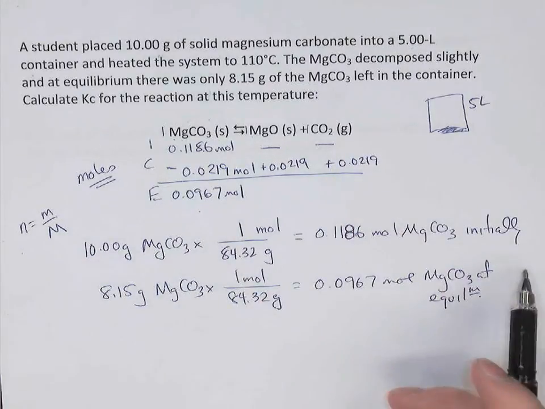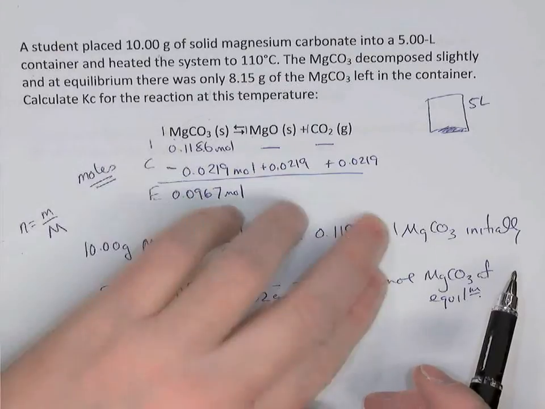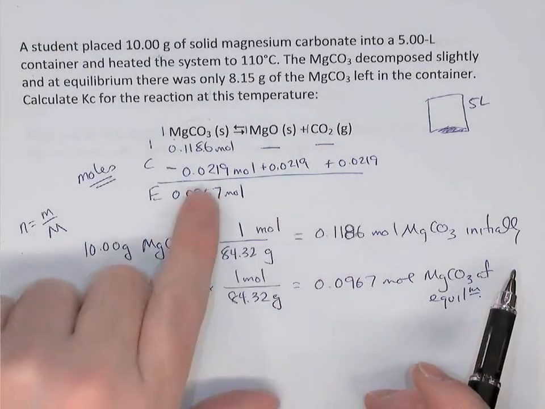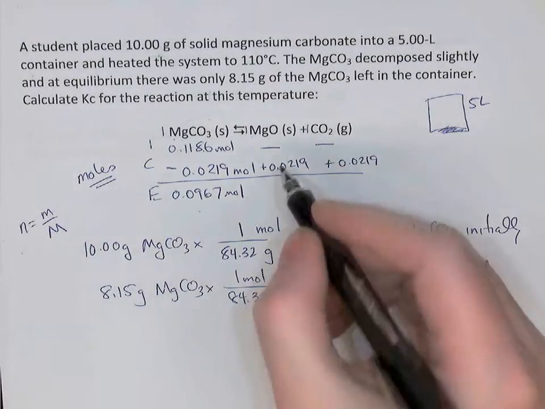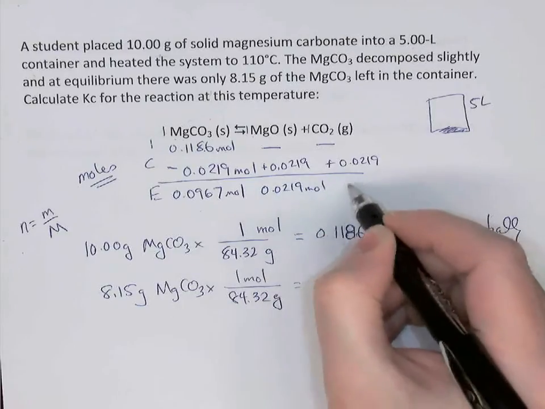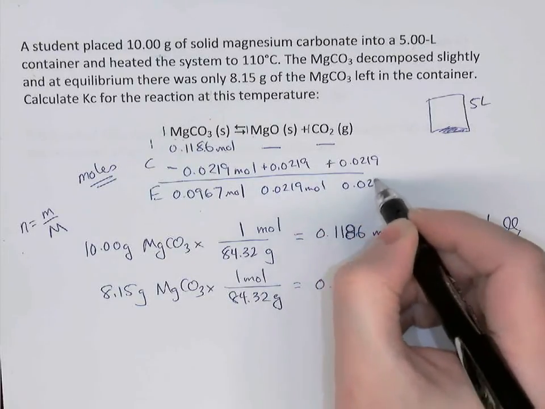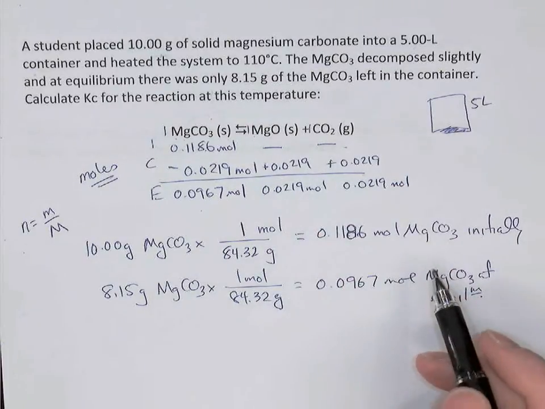The ratios apply to pressures, they apply to molarities, they apply to moles as well. They do not apply to grams. We could not put grams in here and then use the ratio because the molar masses are different for the different substances. So we've got 0.0219 moles of each of these at equilibrium. The initial amounts were 0 and we gained that amount.